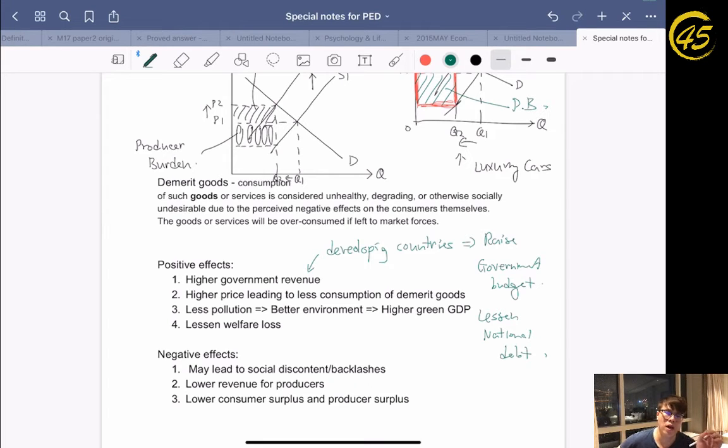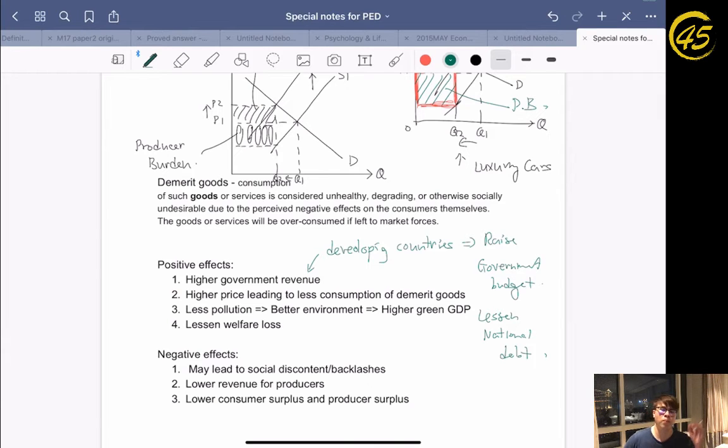Third, it will create less pollution. If pollution is lessened, it creates a better and more friendly environment for us to live in and a higher green GDP. The green GDP part you may not want to mention here because we're talking about microeconomics, but if you're really lacking points, it is not wrong to write this point, though it is arguable to put it in a microeconomics question.